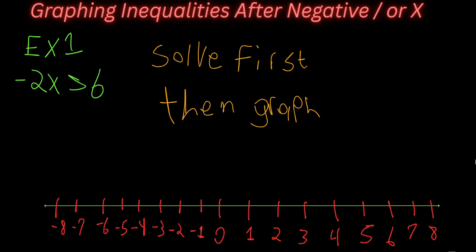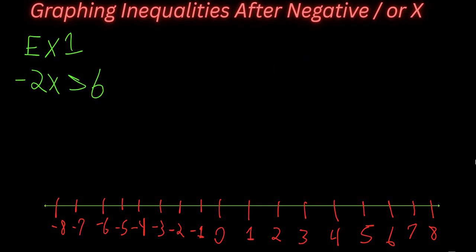So let's go ahead and work through this example. We'll let pink be our graphing color. This is a one-step inequality, so we divide both sides by -2, and we find that x, we flip the sign, is less than -3.